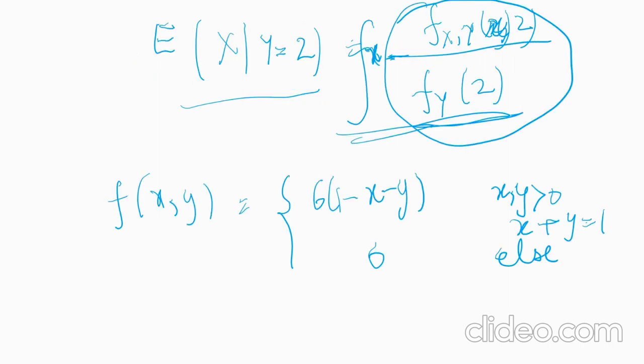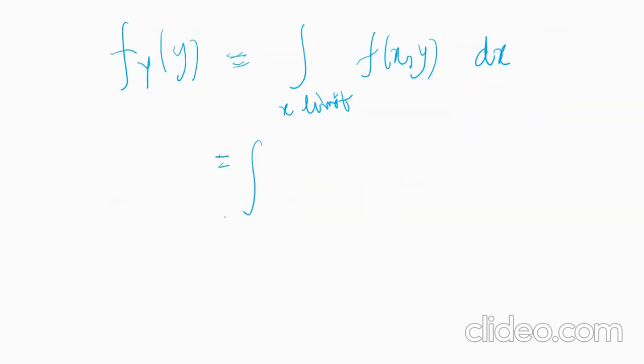So now the limit of x is 0 to 1 minus y, right? fxy is 6 times 1 minus x minus y, dx.